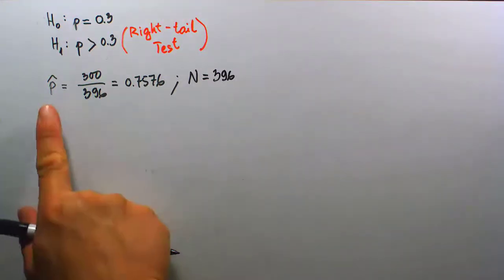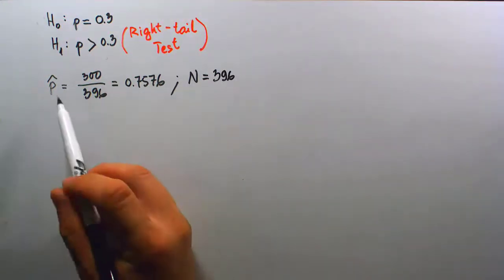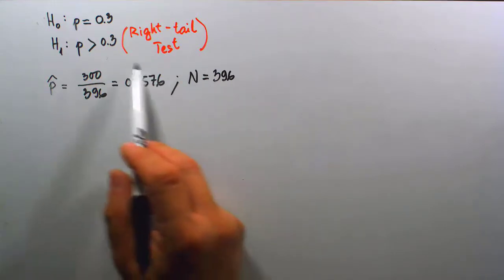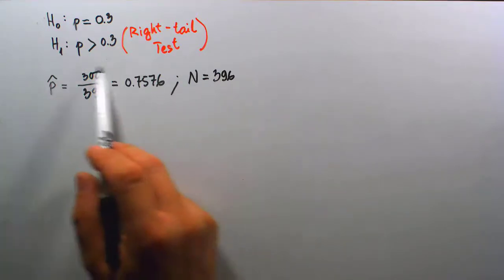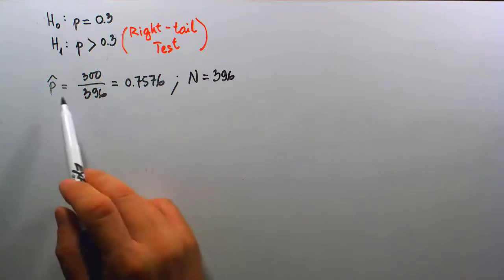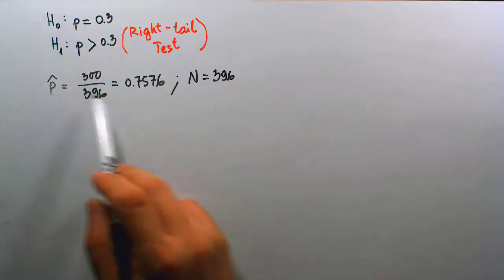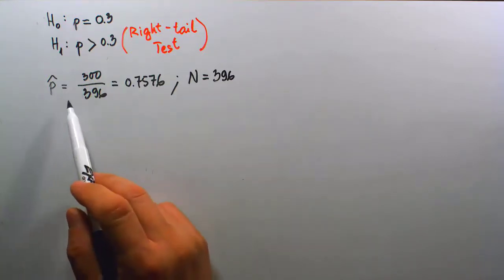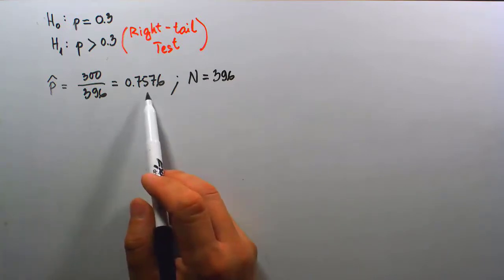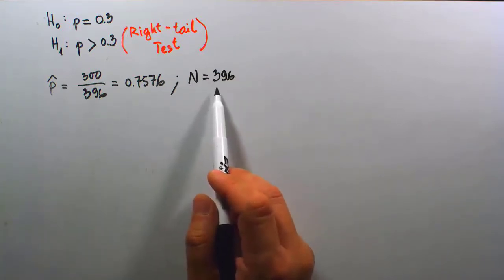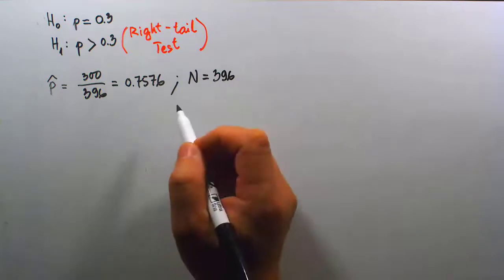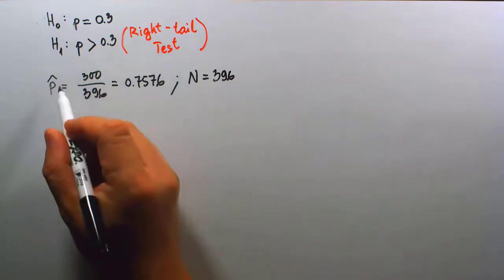Even though we have a sample here, we must constantly realize that this is not the only sample that we can ever find. There are indeed infinitely many other samples out there, provided they are all of the same sample size. Each sample is of size 396, but consider the average of all sample proportions.